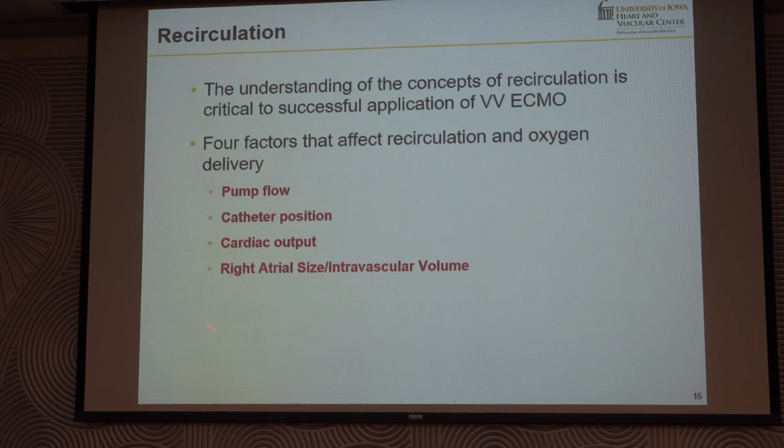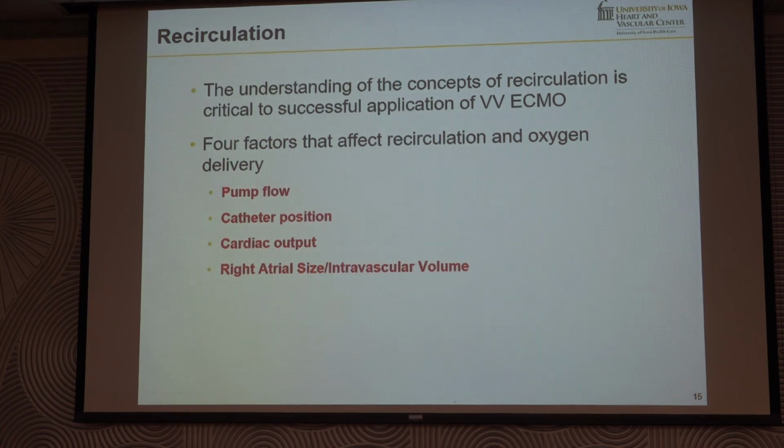If pump flow is too high, then you will cause that recirculation, the blood to be recirculated back into the system. Catheter position. If our jet is occluded somehow or not pointed the right direction, then that blood will be taken back up again. Native cardiac output. We need this patient's heart to function, and that's why it's not the best solution for patients in cardiac compromise. And then the right atrial size or intravascular volume.